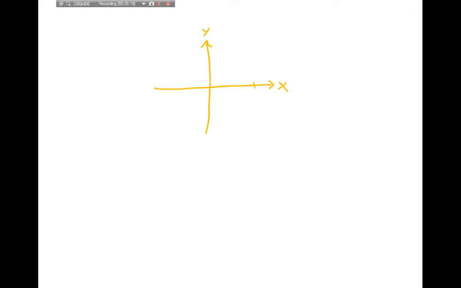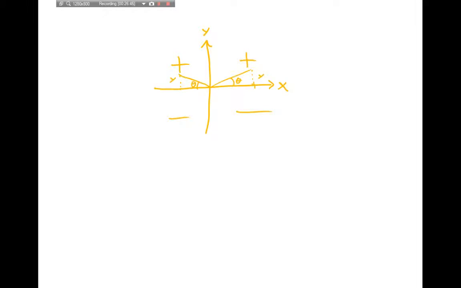Sine will be positive in this quadrant and in this quadrant, and it's going to be negative in these two quadrants. Because over here my y value, which is opposite the angle theta, is positive, and over here my y value is also positive, because I'm above the x-axis.